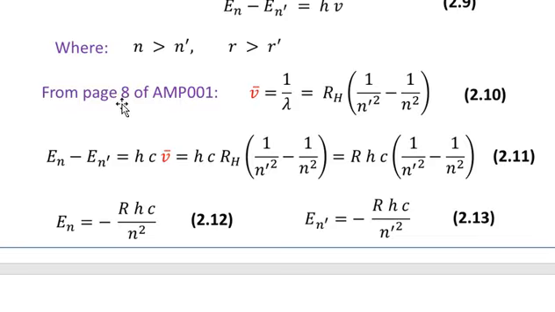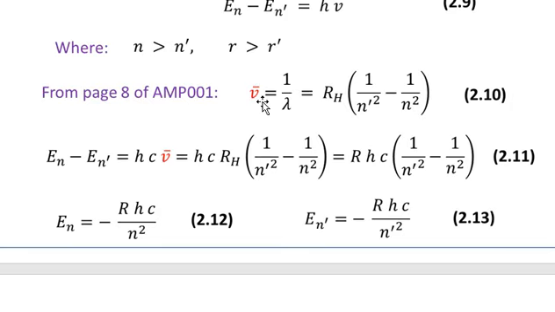Now from page number 8 of the previous slide, we have the expression given in equation number 10. That is, the wave number nu bar is equal to 1 over lambda, equal to the Rydberg constant RH multiplied by the parentheses 1 over n prime square minus 1 over n square. There we found that n prime and n are integers, and it means that nu bar is not a continuous parameter but will depend upon these integer values.